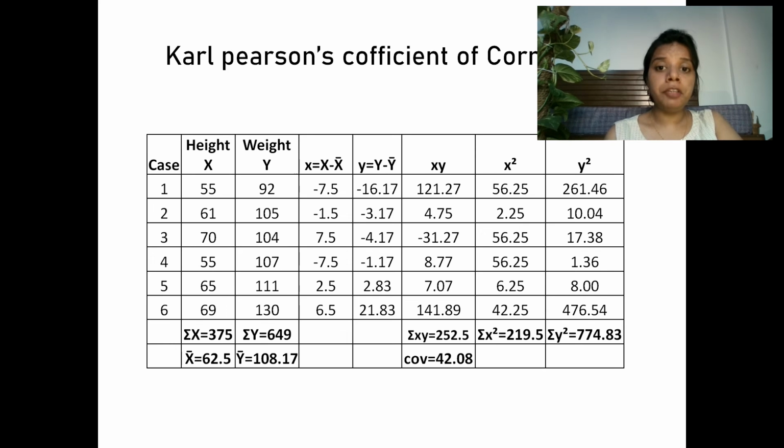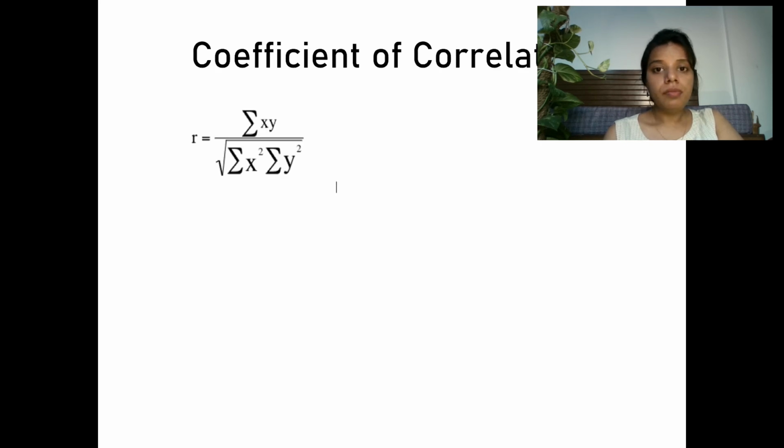Now we took the product of small x and small y, and then the square of small x and small y square, and we find the sum of all the given variables and put it in the formula.